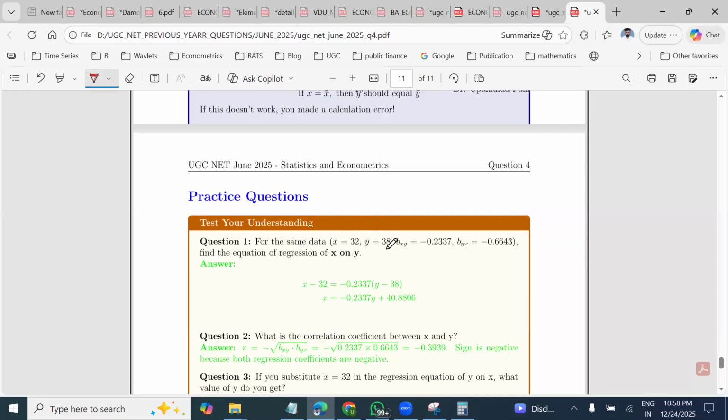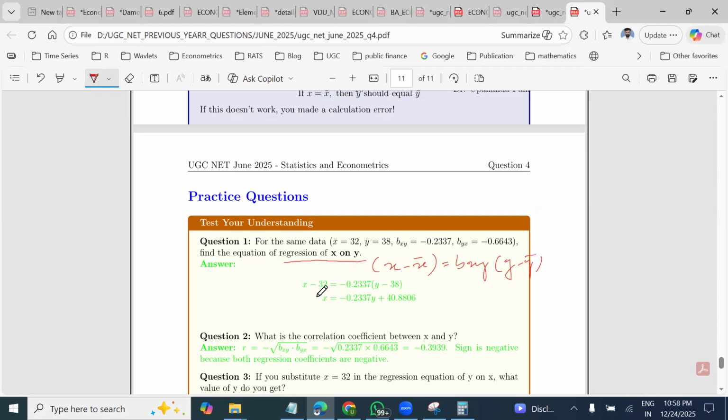For the same data, find the equation of regression of x on y. Chinmay, how will you do it? x minus x bar, what is the equation? Yes, sir. x minus x bar is equal to bxy into y minus y bar. Okay, very good.